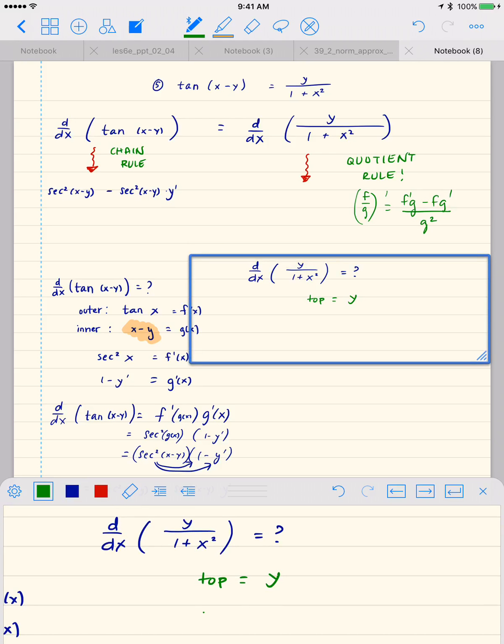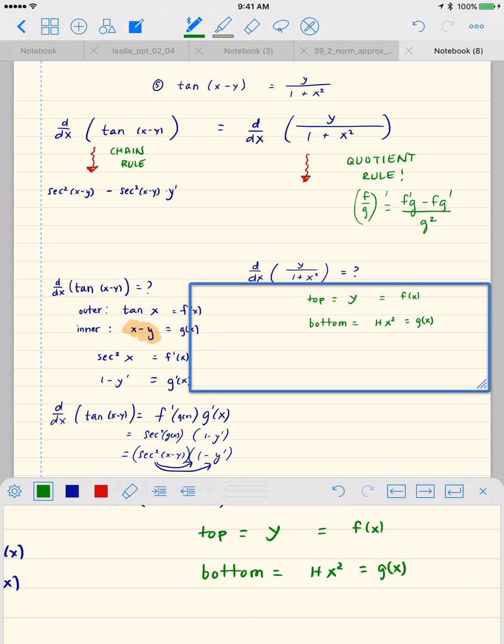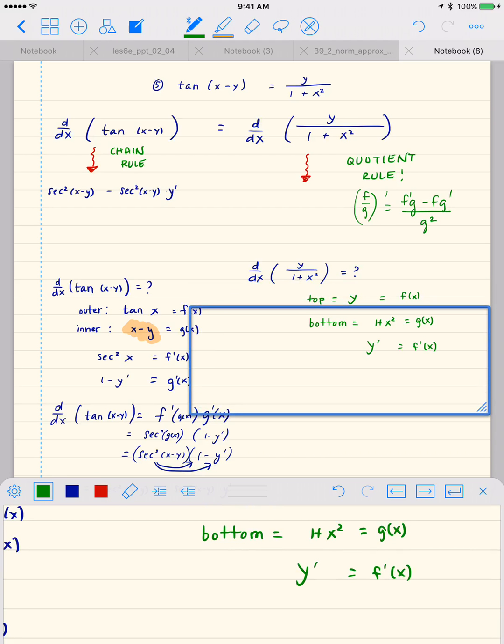My bottom is 1 plus x squared. Okay, so I'm just going to call this my f of x, and this my g of x. And I need f prime. That's just going to be y prime. And I also need g prime. That's going to be 2x.